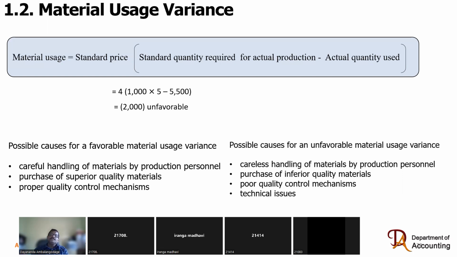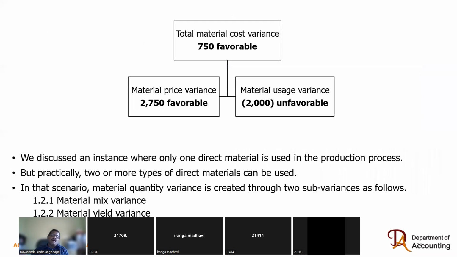Okay. You may calculate this by using a different way, but this is another presentation of 750 favorable and 750 favorable and 200.